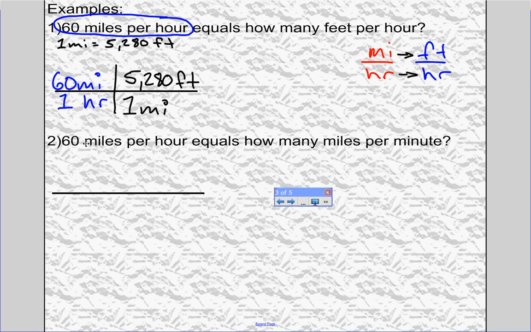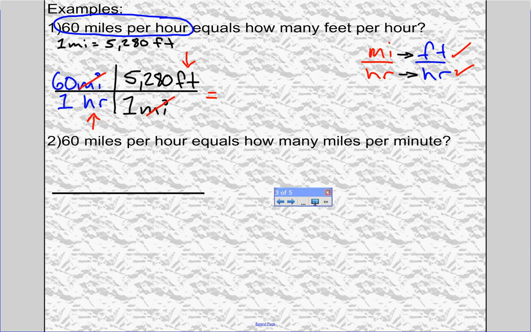If you haven't been doing it so far, I want you to start canceling out units. Miles over miles, those cancel each other out. And if you look, we're left with hours on the bottom and feet on top. And that's what we wanted, feet over hours. So we have the units we want. Now we're just going to multiply straight across to get our answer.